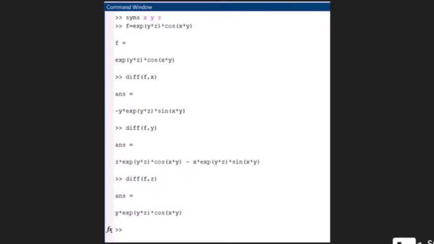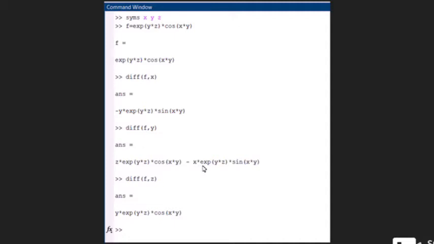For question A2, the equation is exponential power of yz multiplied by cos xy. First, for the differentiation of fx, we get negative y multiplied by exponential power of yz multiplied by sin xy. For differentiation of fy, we get z exponential power of yz multiplied by cos xy minus x multiplied by exponential power of yz multiplied by sin xy.